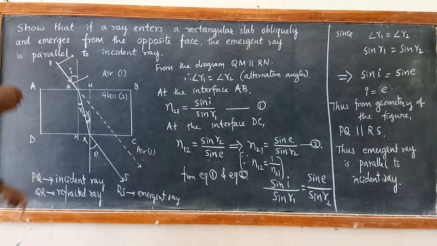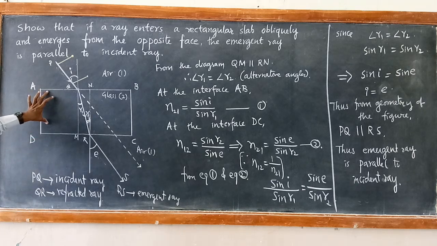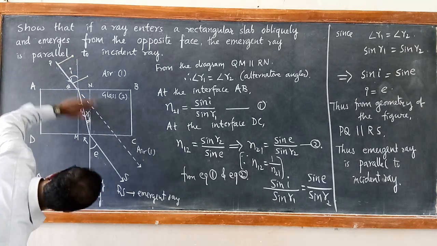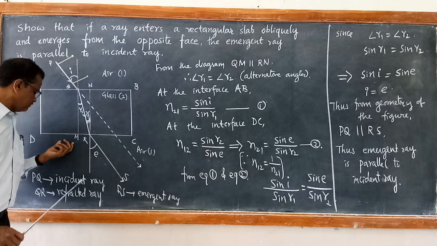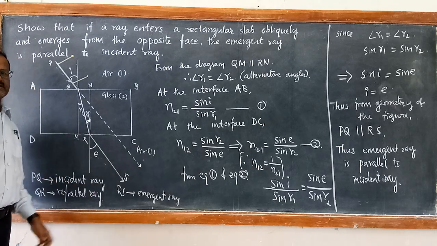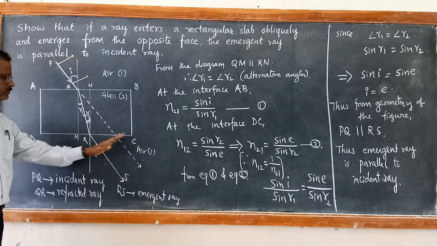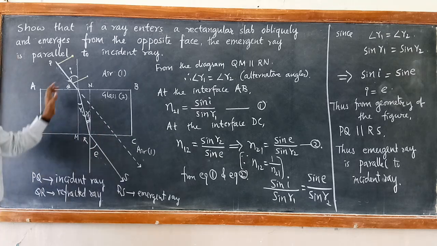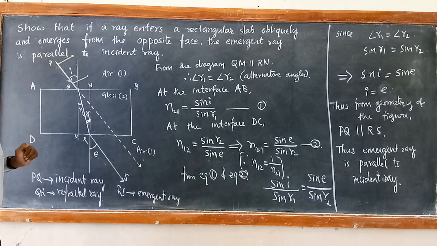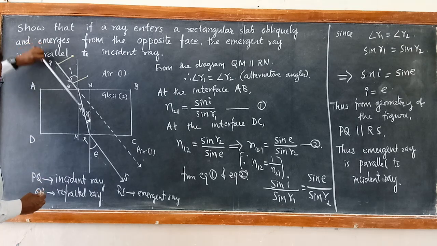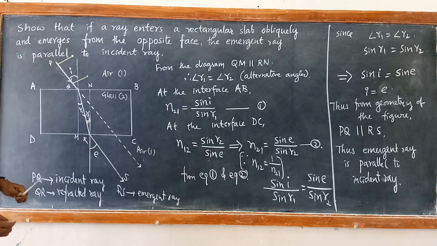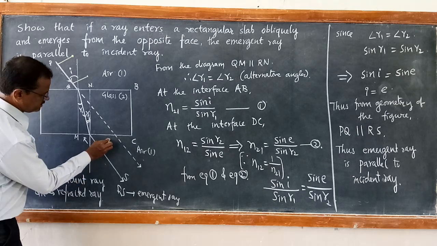They should be fixed perpendicular. Then keep the glass slab in the same position of the outline. Look from the other, opposite face. When you look through the opposite face CD, you will find the path PQ seen as the path RS. Then take the third pin and fix it.